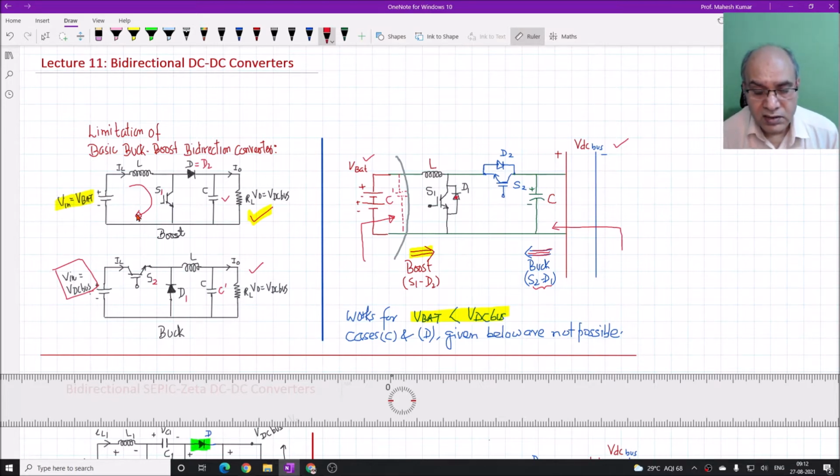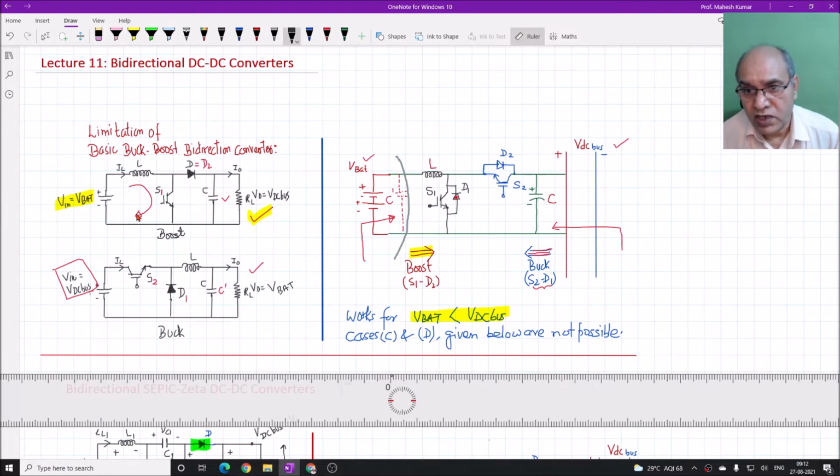So try to understand the difference. And this V0 is actually V in, so you have to replace this by V in. This V0 is V bat, so the battery is the output now. Getting it? So there is no problem as long as the roles of battery and DC bus are fixed.